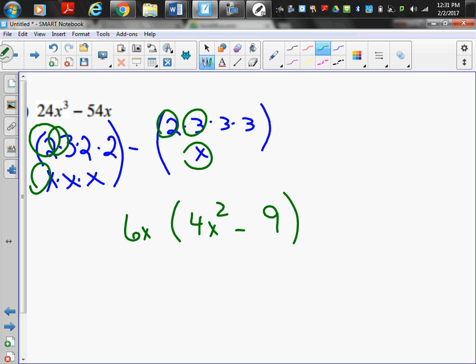Alright. So now we're going to have to use yesterday's lesson with factoring and today's lesson with difference of perfect squares. So how do I multiply to get 4? 2 times 2.